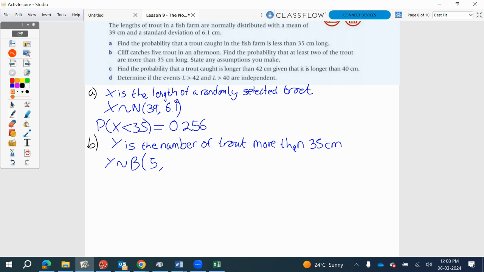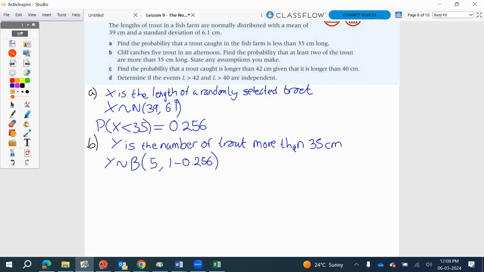Notice in part A, we calculated the probability that it's less than 35. So what's the probability that it's more than 35? 1 minus 0.256. So we can just put it in like that if we want. We don't have to actually calculate it. We can put it in like this.